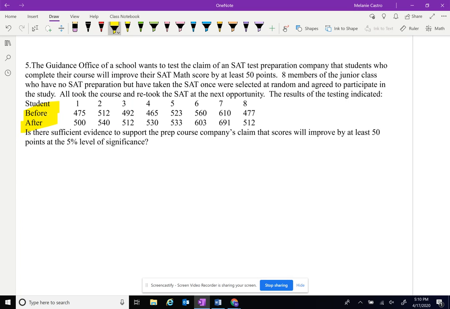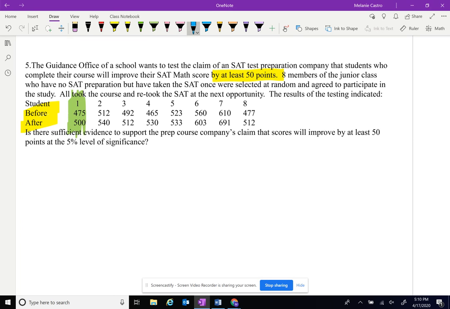On this problem, because you're looking at whether they changed by at least 50 points, and you have 8 members, that's one person's score, and that's important. Those are tied together. These samples are not independent. The before group is the same group as the after group, and that one person's score matters. So you wouldn't actually use this data as it is.